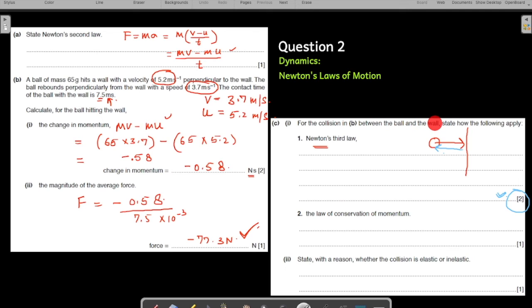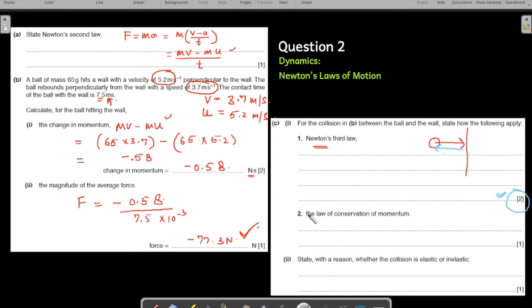So apply it here and tell your reasoning, because this third law is not the same as the first question. The first question is telling you to just state the second law, so you state it. But here they are telling you to apply this third law and explain it with respect to this situation.